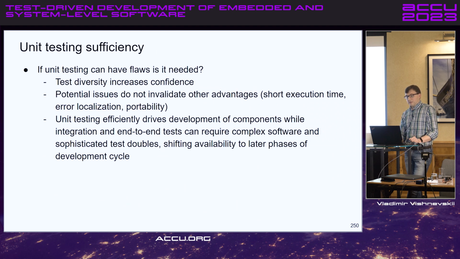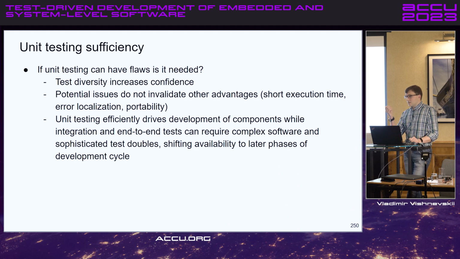But one more thing: if unit testing can have flaws, is it needed? Of course, we discussed the advantages before, but I would like to emphasize: first of all, test diversity really increases confidence. And those issues generally do not invalidate the advantages. We still have short execution time, we have error localization, and we have tests that are portable.